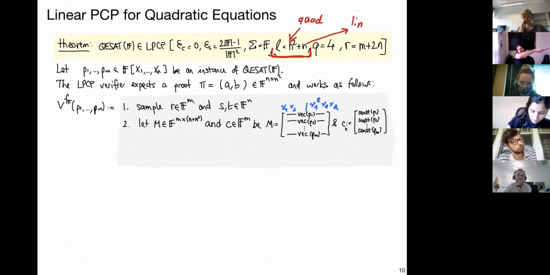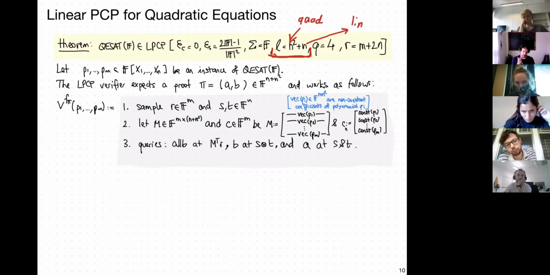So I'm taking a vector which consists of all of the terms of degree 1 concatenated with all of the terms of degree 2. And then I can write the whole problem as a linear equation in all of these terms.